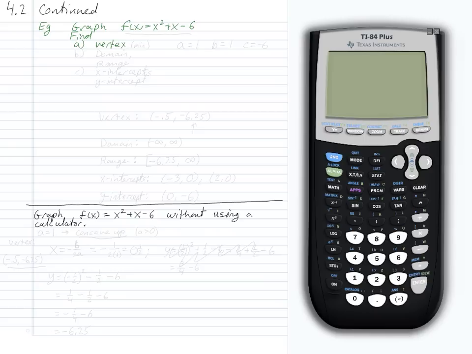We are going to state the domain and range. And finally, we are going to find all of the intercepts graphically.